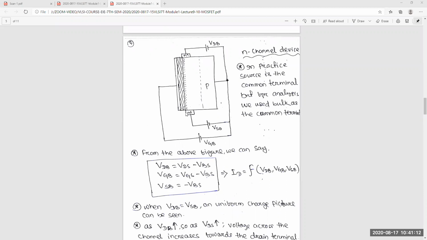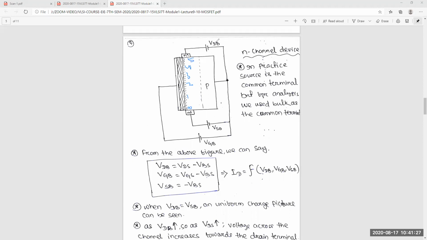So you should be very clear about this. Suppose this is 0, this is 1, at this point it is 2, this is 3, this is 4 and 5.